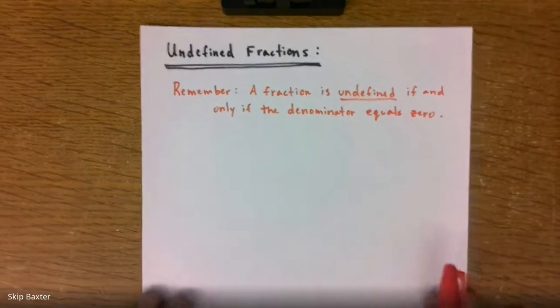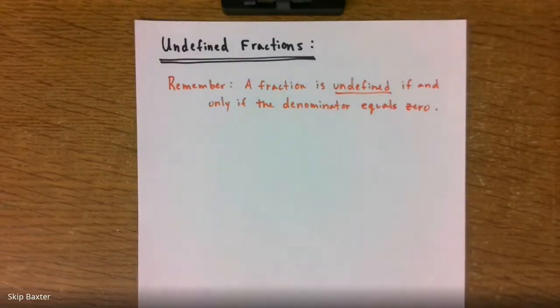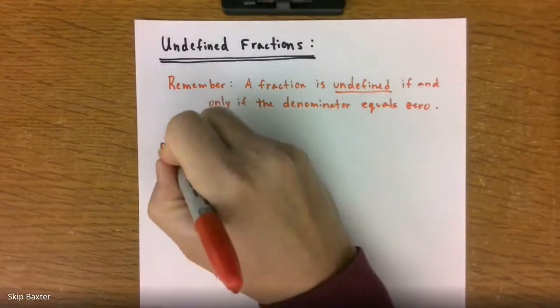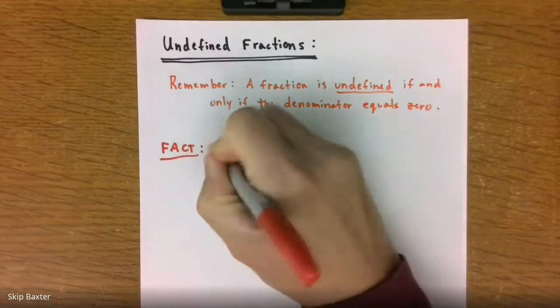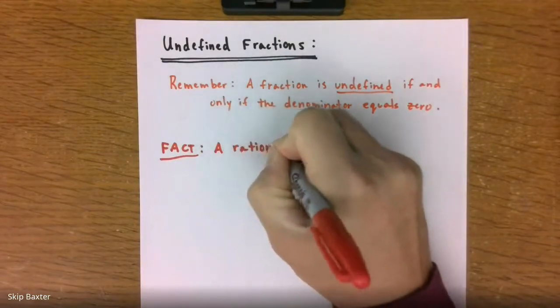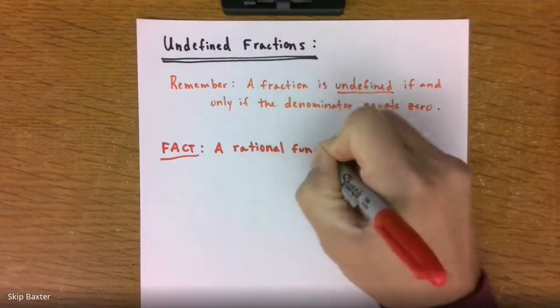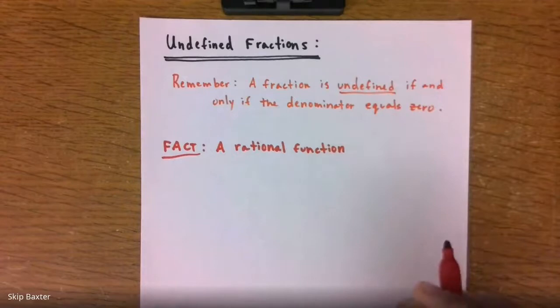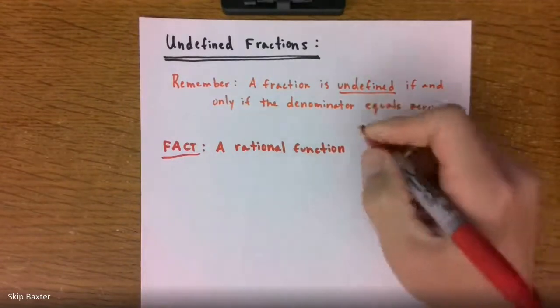Okay, so what you need to be able to do is to think of this in terms of functions. So here's a fact. A rational function, and remember, a rational function is really just a fraction of polynomials.